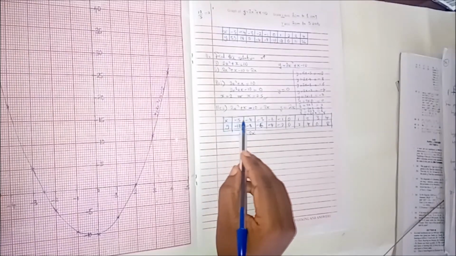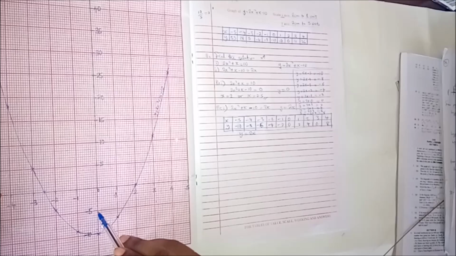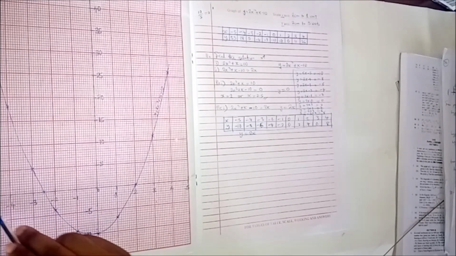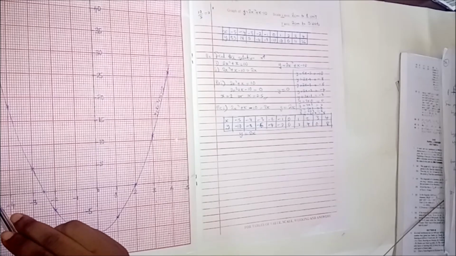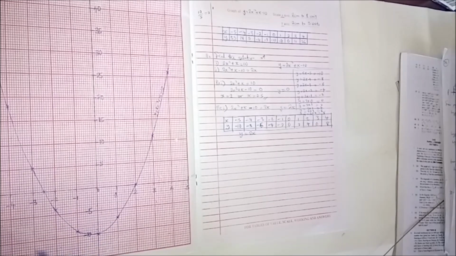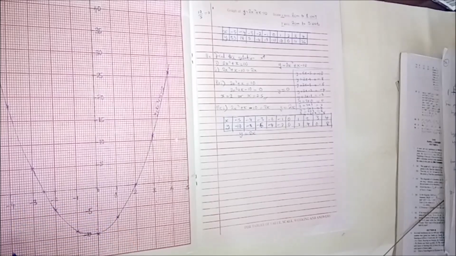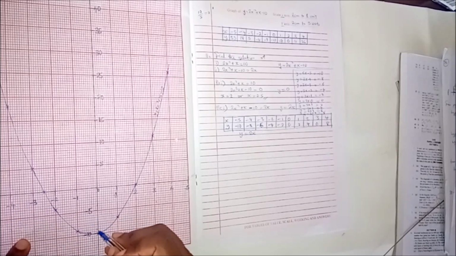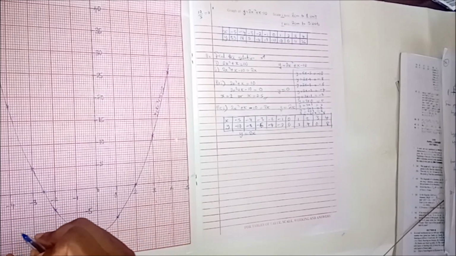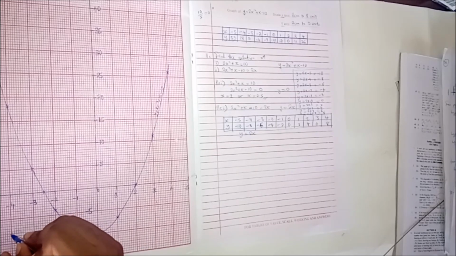When x is minus 5, y is minus 10, so we're going to have a point here. When x is minus 4, y is minus 8, so we're going to have 8 somewhere here.